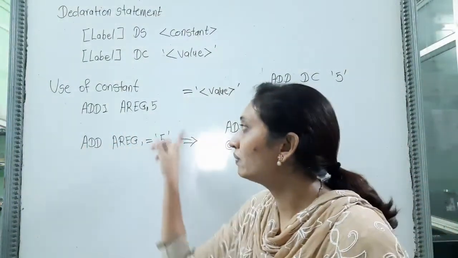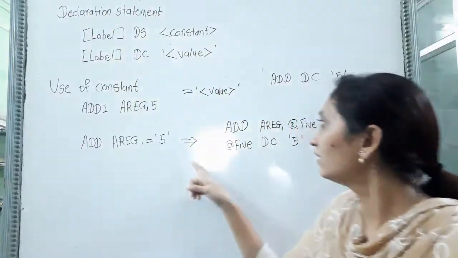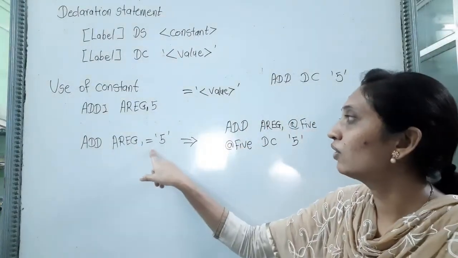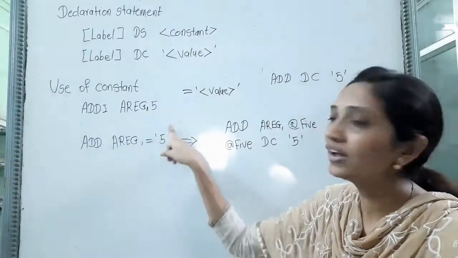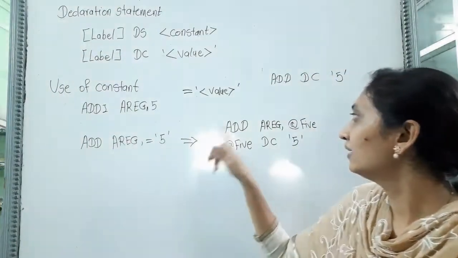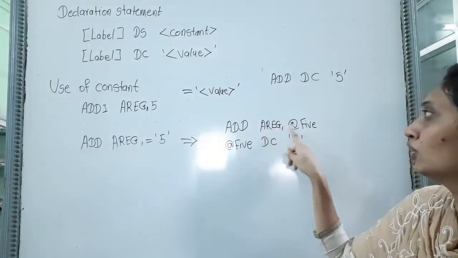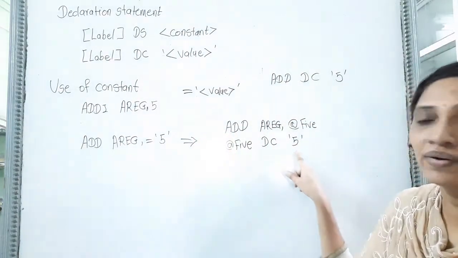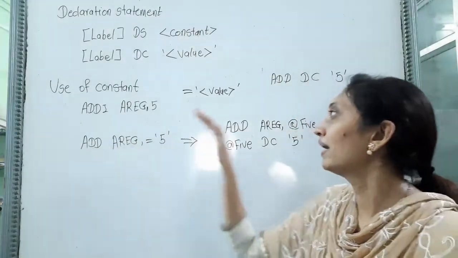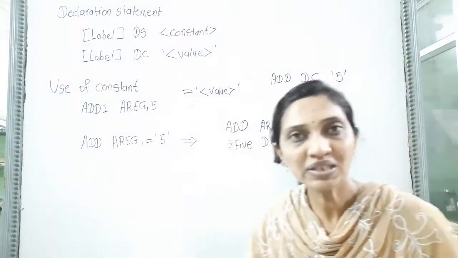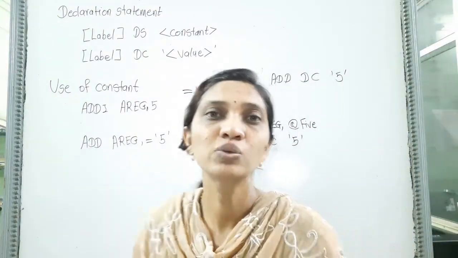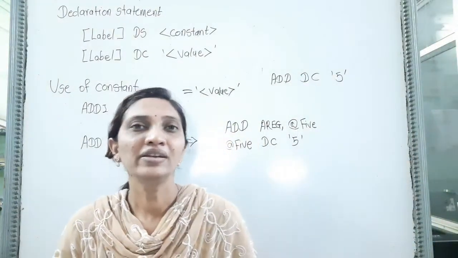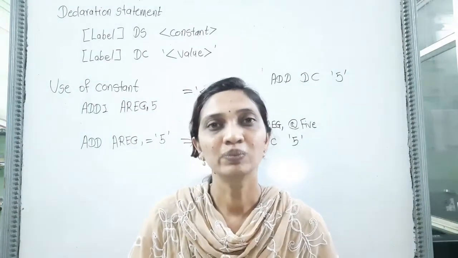Equal to 5 is your literal. It is handled like this, ADD ARG comma @5 and @5 DC 5. In this way it is possible for us to declare a constant in our assembly language program.